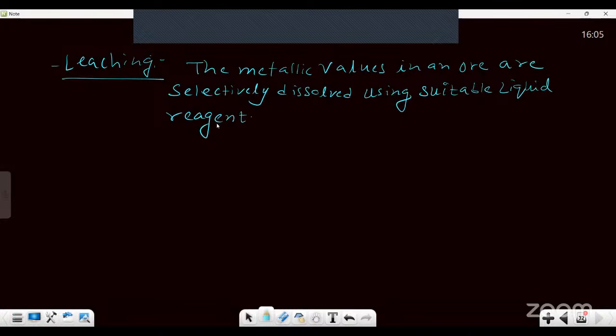First and foremost, before anything, I need to prepare the ore for leaching. Preparation of the ore for leaching is very important.